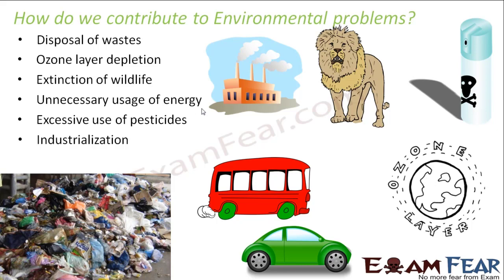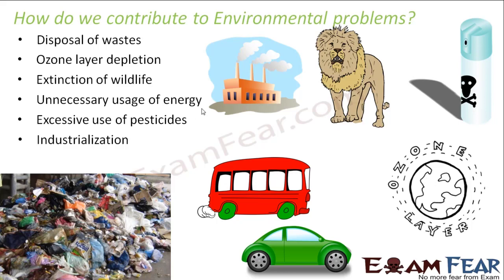Moreover, to set up industries, many a times it is seen that people will cut down forests, they'll cut down the trees and they'll set up industries. So what is happening? First of all, we are cutting down trees. So we are anyways causing an imbalance to the food chain. Because you see, producers are so very important in the food chain. So if there are no producers, nobody will get food, because every living organism is at the end of the day dependent on the producers for their food.